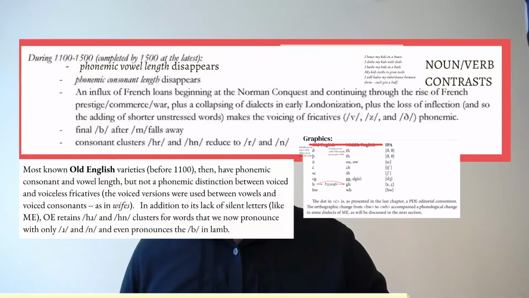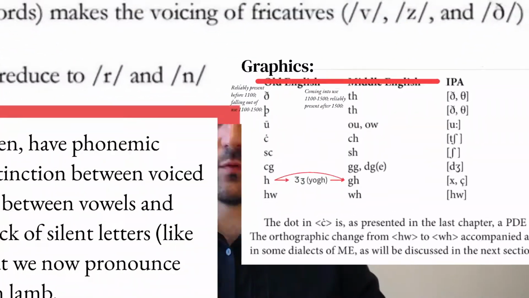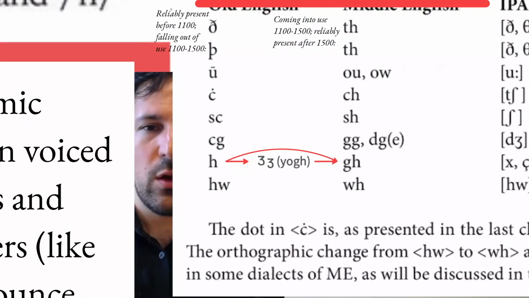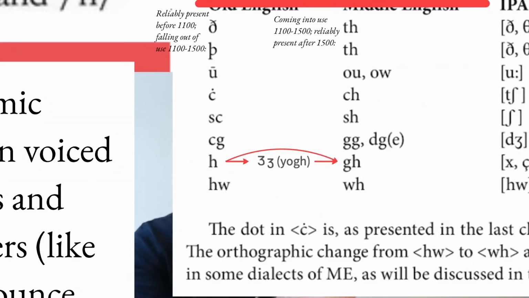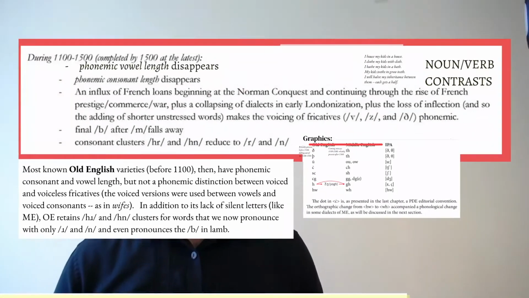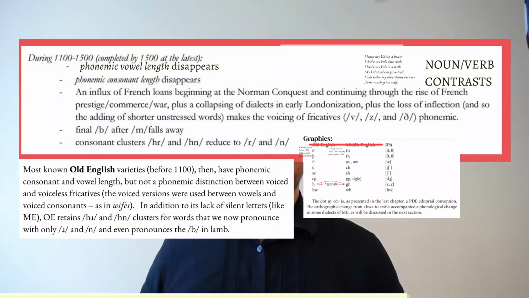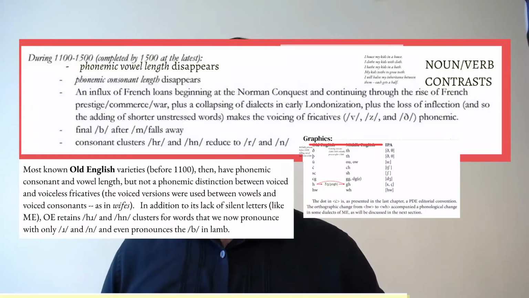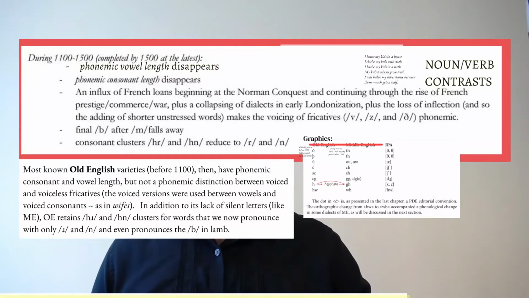And importantly, I wanted to point out here that one of the things we did in offering a corrective to Smith and Kim was to take out what they categorized as Old English versus Middle English and categorize things as features that are reliably present before 1100, then are falling out of use 1100 to 1500, that are coming into use 1100 to 1500, and reliably present after 1500. By the way, while we're zoomed in here, remember we have those dots over Cs only in present-day English editions of Old English to represent the way that Old English pronounces certain Cs as ch and certain Gs as y.